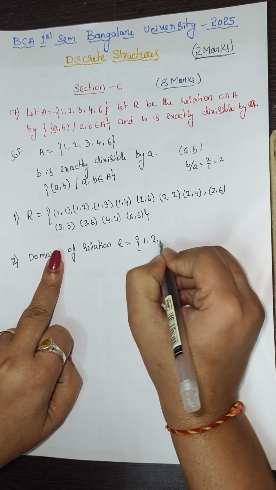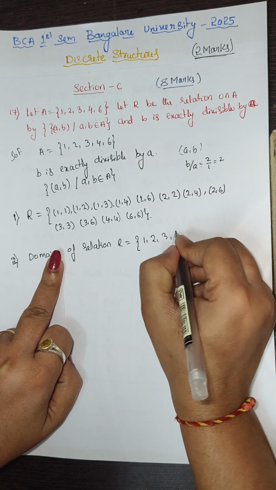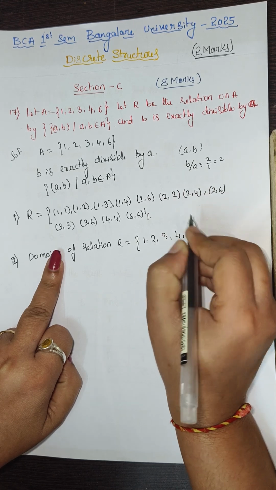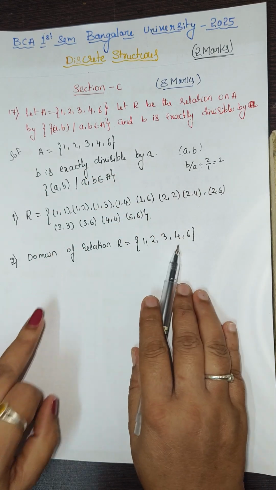So 1, 2, 3, 4, 6. All the elements of the set A come in the domain.